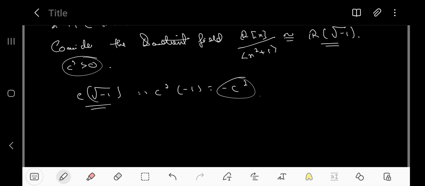Because if that happens, this field obviously is a vector space over R. So if it is a vector space over R, then it is closed under the multiplication by elements of R, and if so, this happens, right? Well, that is all we needed to do actually.